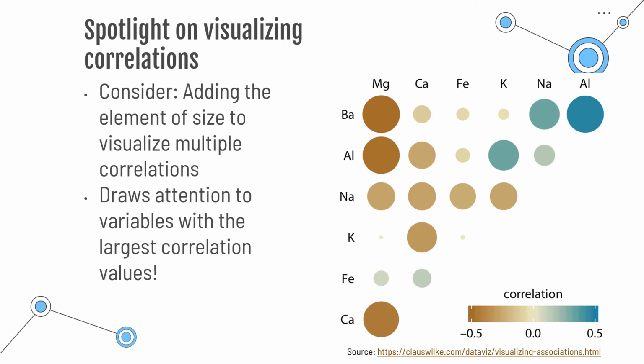But here, the magnitude of each correlation is also encoded in the visual by the size of the colored circles. So you can see that using this kind of visualization instead of the previous one of a heat map de-emphasizes cases or conditions with correlations that are near 0. And therefore, it draws attention to the variables with the largest correlation values.